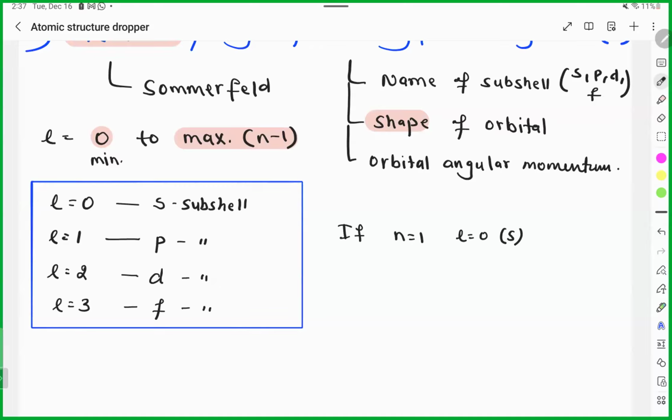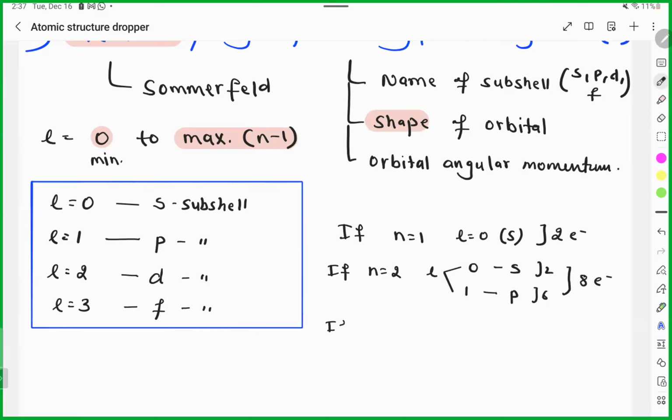If n value is 2, Barinder, what will be the L value? It could be 0 and it could be 1 both. For 0 you have the S subshell and for 1 you have the P subshell. S has 2 electrons, right? Here S 2, P total 6, total 8 electrons.